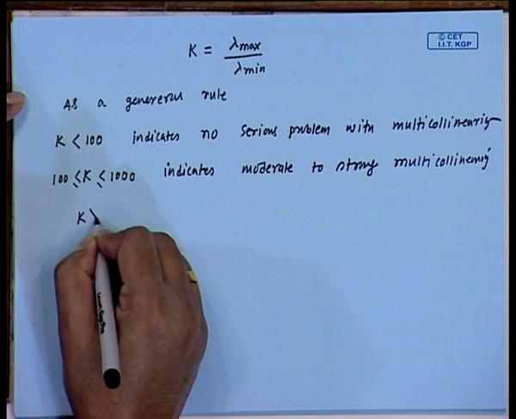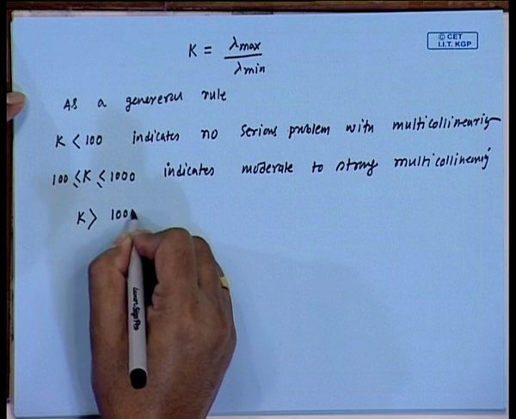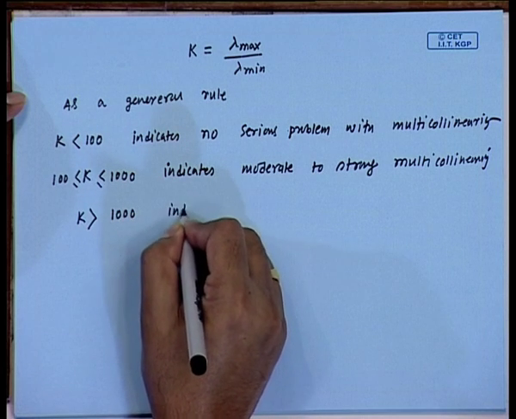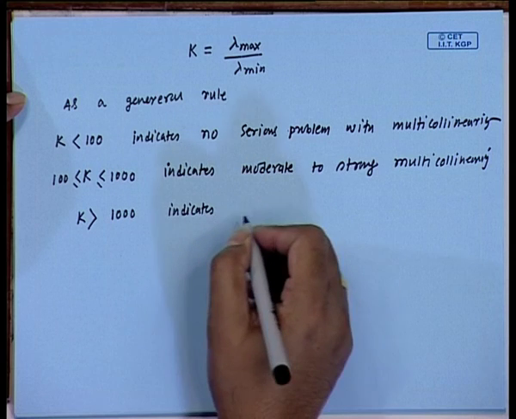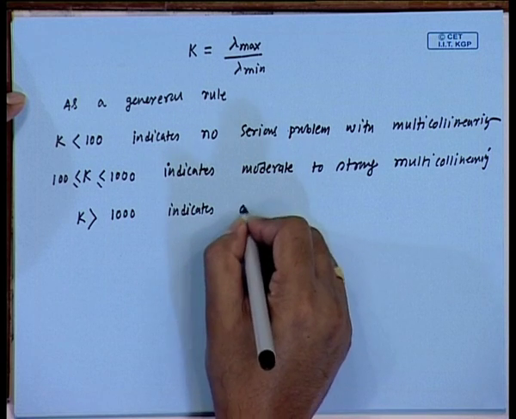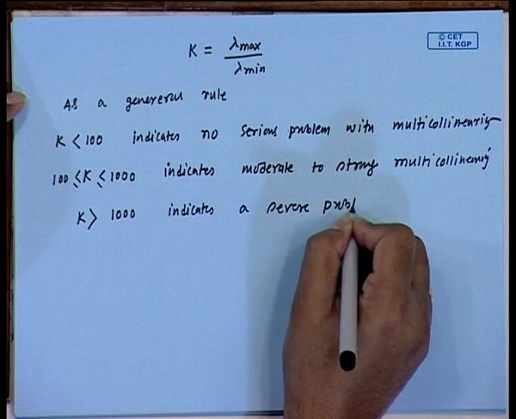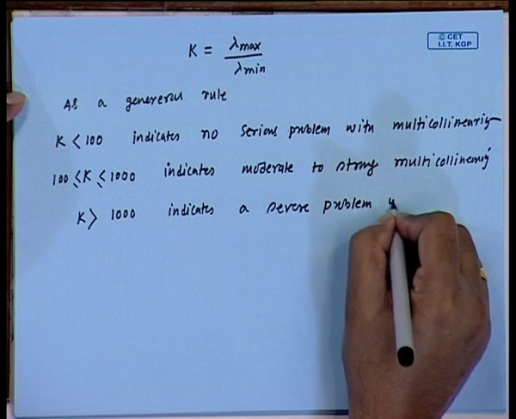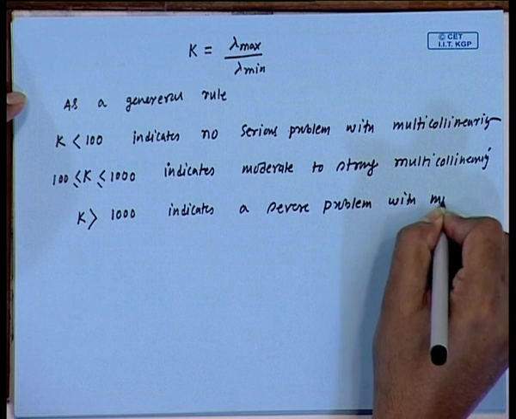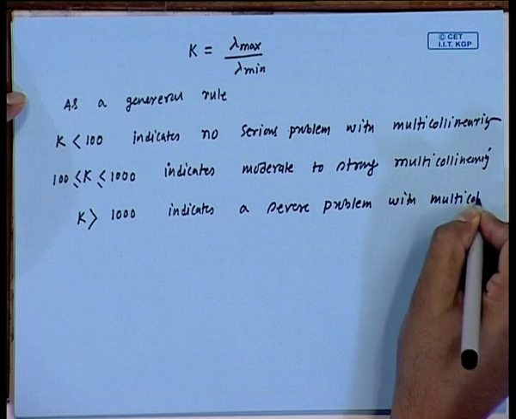And k greater than 1000 indicates a severe problem with multicollinearity.